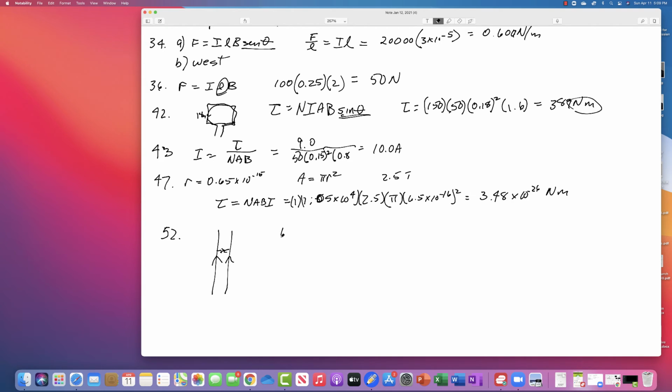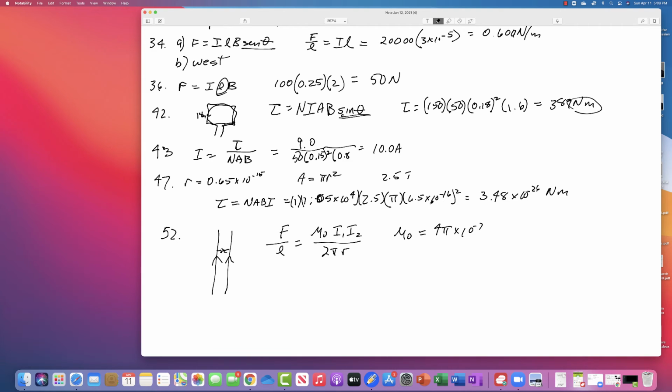And so the force per unit of length is equal to a constant, mu0, times the current in one times the current in the second one, divided by 2 pi over the distance between the two wires. And it turns out that mu0 is equal to 4 pi times 10 to the minus 7.